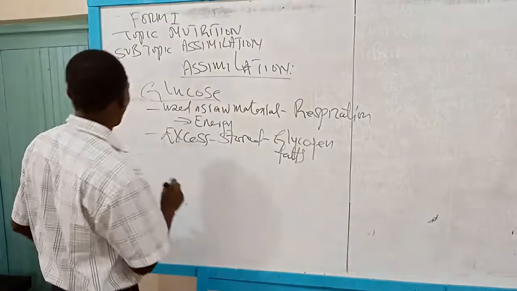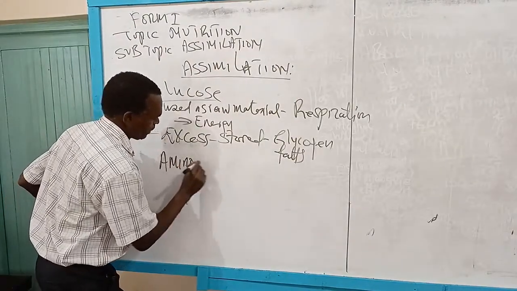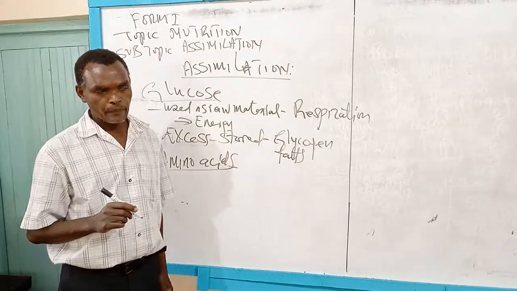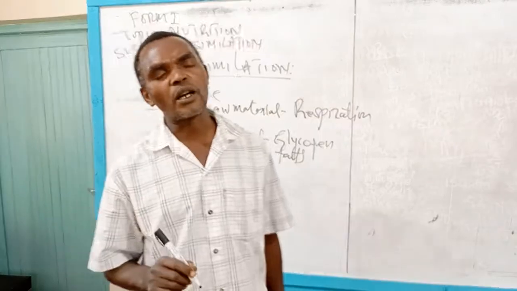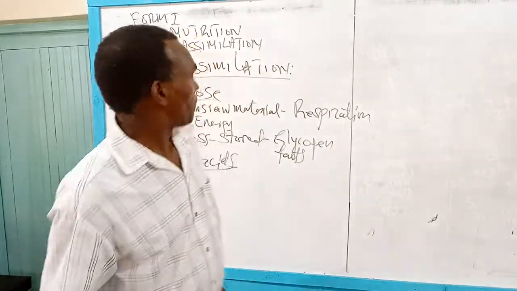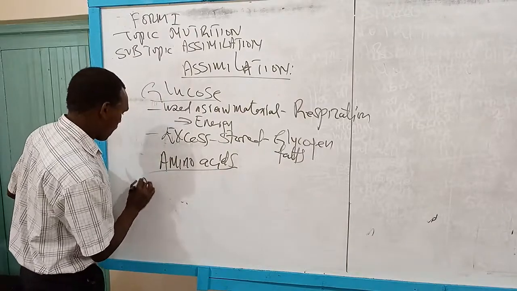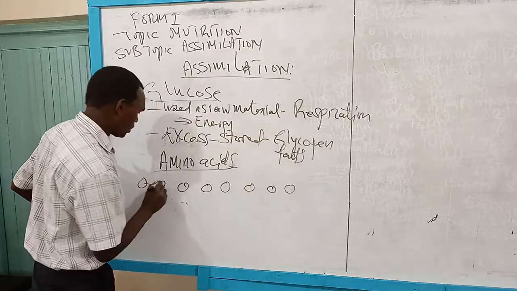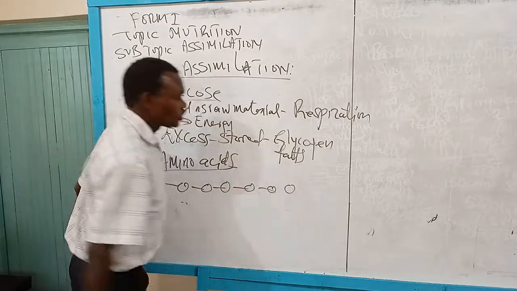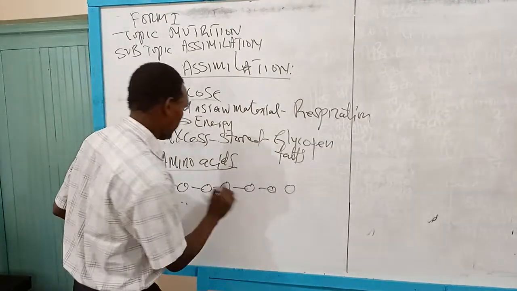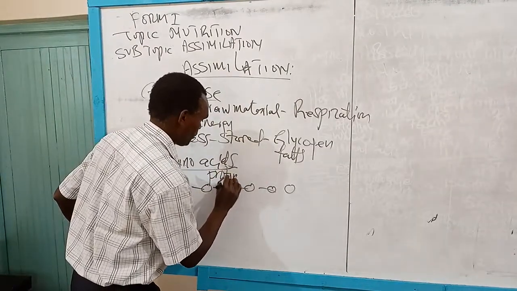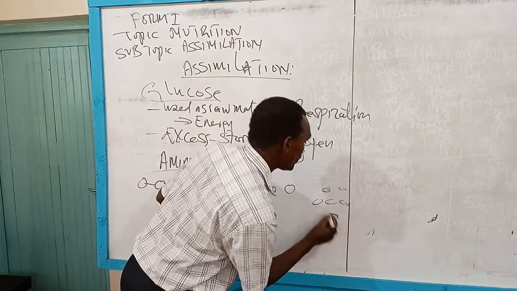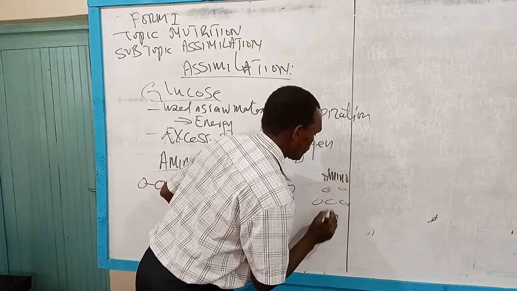We have amino acids. These are the final products of protein digestion. When you are dealing with the digestion of protein, we say proteins are made of a very long chain of molecules we call amino acids. During digestion, the protein molecule is broken into individual amino acids.